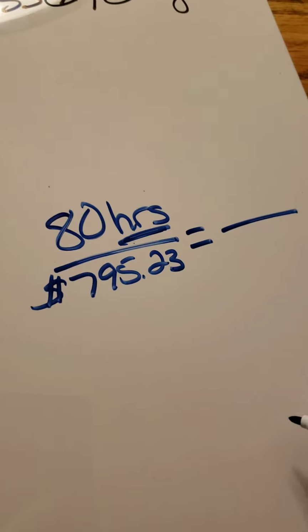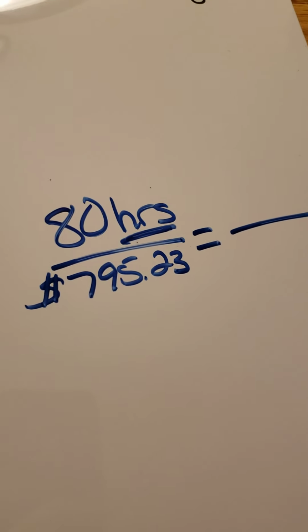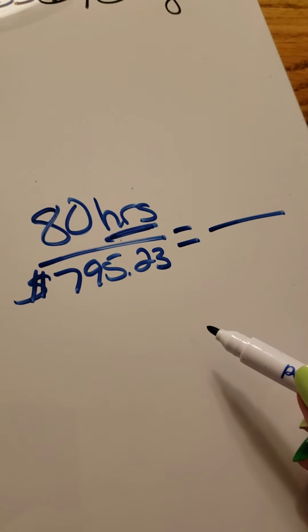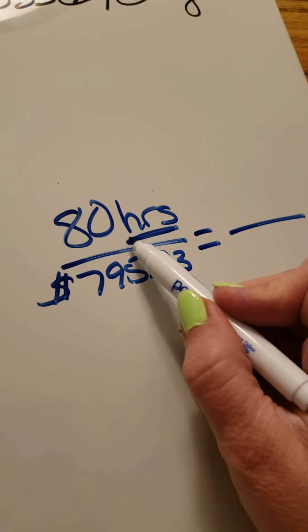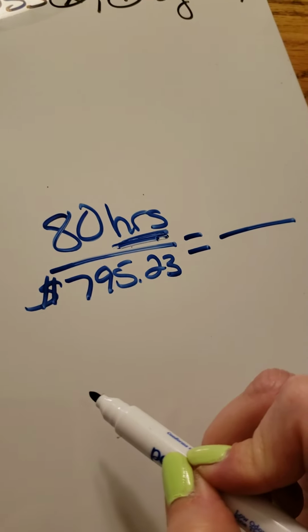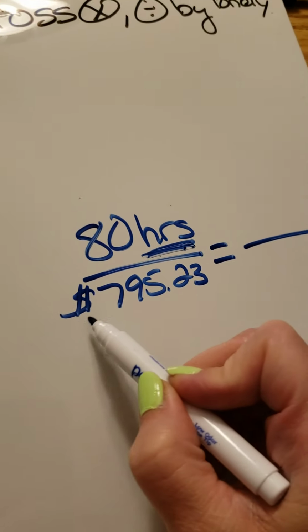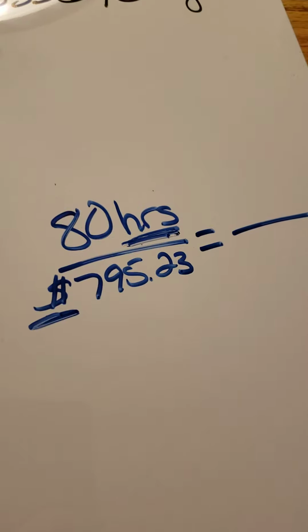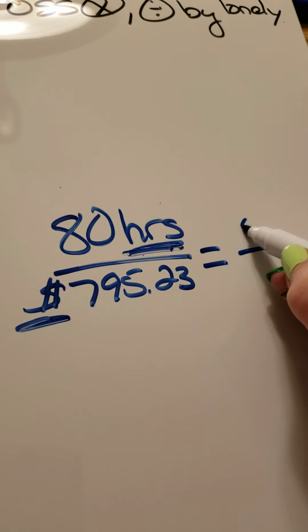So the trick to these, setting this correctly, is to have the same verbiage next to the same word. So I want this word, hours, next to hours, money, next to money. So 55 hours must go on the top.